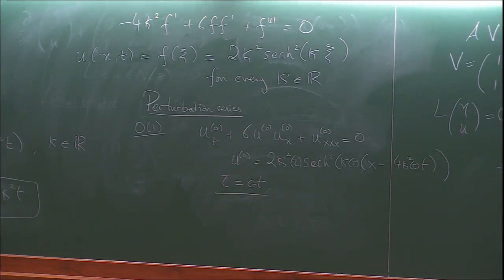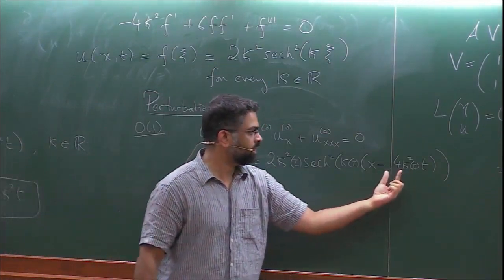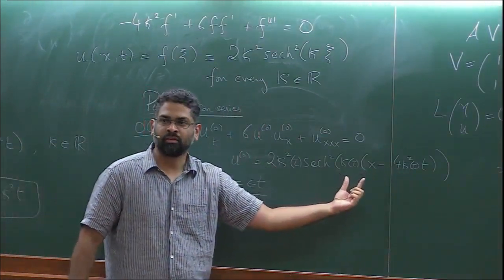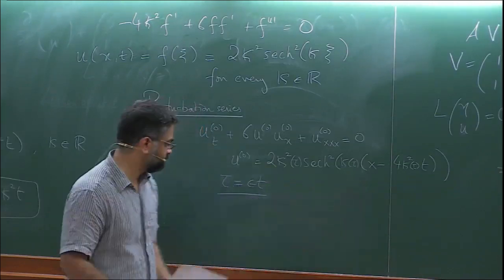Easiest thing I could do. I could modulate other things. Unless I have a reason to, I shouldn't. So I'll just do the easiest possible thing, which is to allow time to change on a slow scale, which is to say this kappa, which is the amplitude, the speed, as well as the width of the solution, to change slowly. Okay?